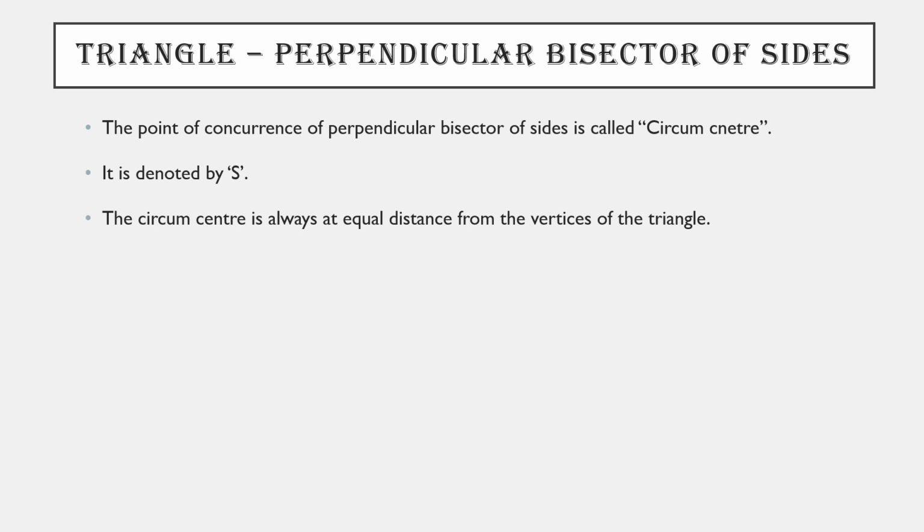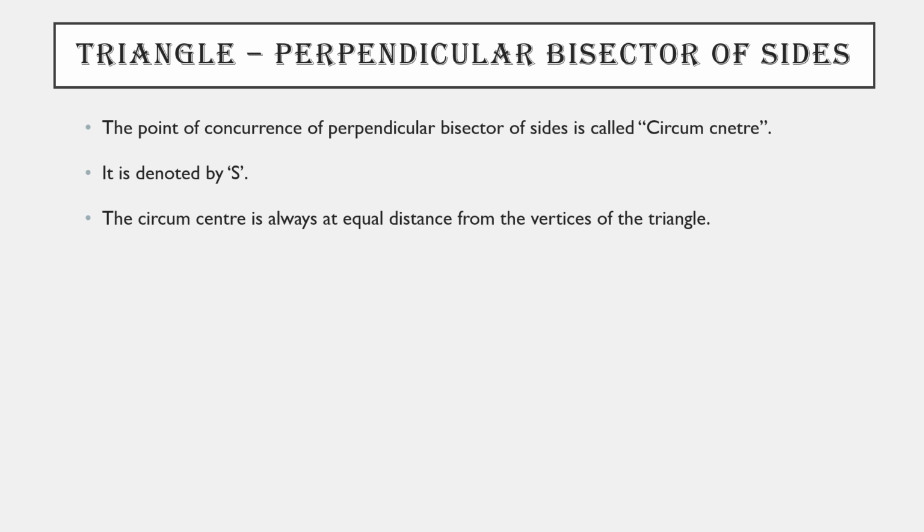In any triangle, if you draw the perpendicular bisectors, you will get the point of concurrence. It is called the circumcenter. The circumcenter is always at equal distance from the vertices of the triangle. This is the most important thing.